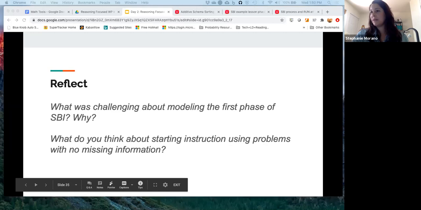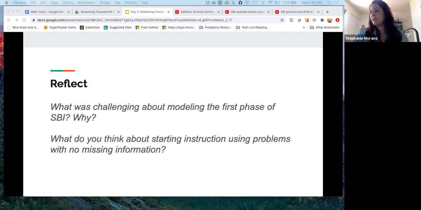All right, so I'm going to keep an eye on the chat here. Something that I heard from a group that I thought was really interesting was that they thought using the graphic organizers was really helpful in giving students more structure for their language and how to restate a problem.